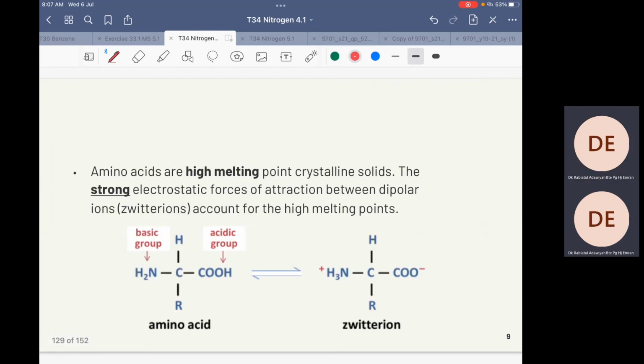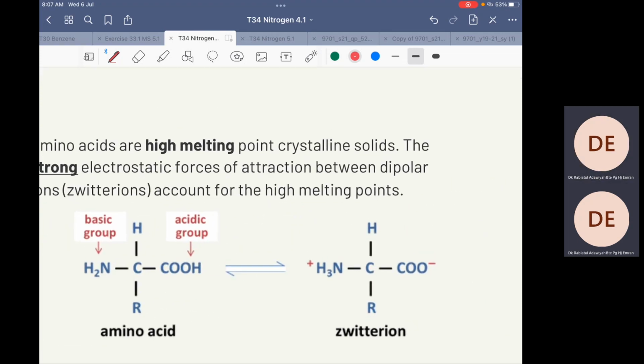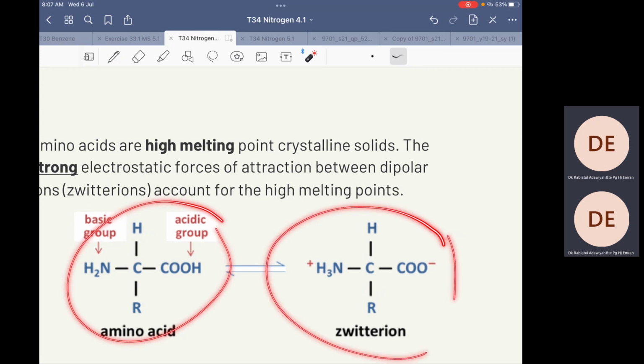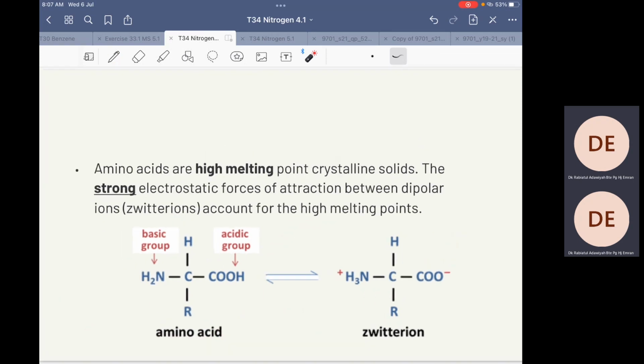Right, properties of amino acids. So same thing, this is the same thing that we were looking at. Amino acids are high melting point crystalline solids. Well, the reason for the high melting points is because they are made up of ions, right?